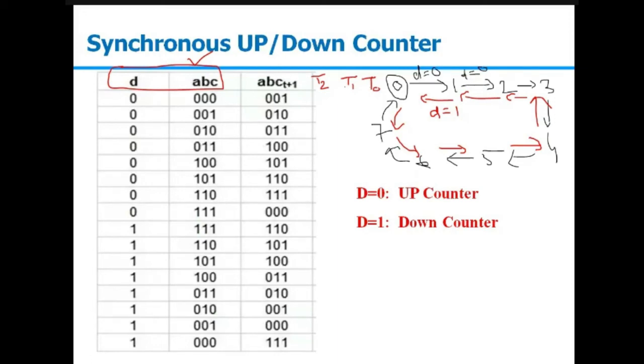These 3 you will be having. Then you will be solving KMF considering 4 inputs, D, A, B, C, because D is also input in this case, and these 3 are my present state. So we will be getting the expression of this J2, K2, or T2, or D2, whatever flip-flop you are using, in terms of Q0, Q1, Q2, and D. And then we will design the circuit.